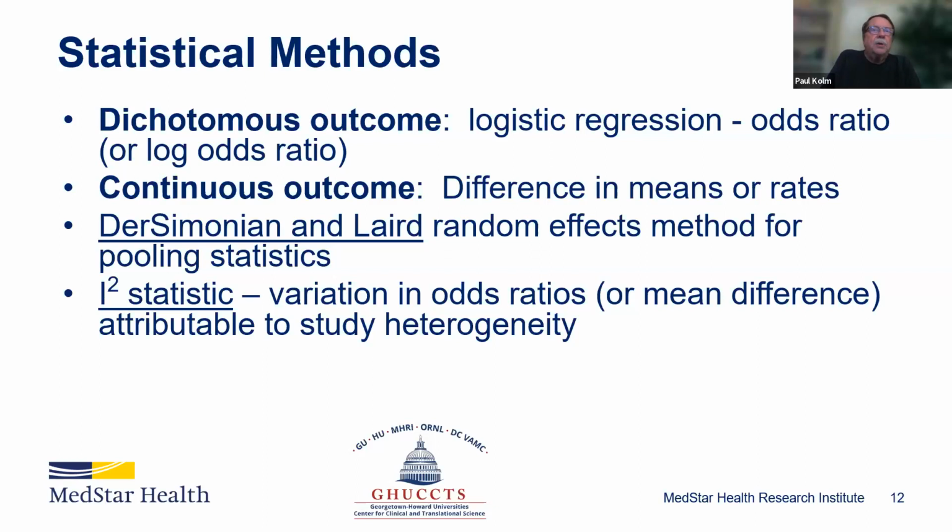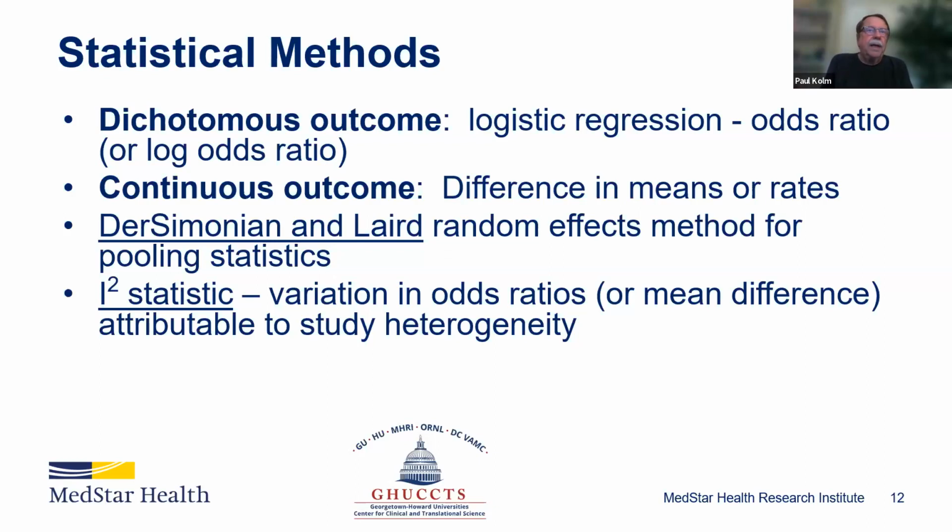If we have a continuous outcome, then we're going to look at differences in means or rates, which is most of the time going to be just a t-test. And a method that goes back quite a few years, the Simeon and Laird random effects method, is typically what is used for pooling the statistics from each study.